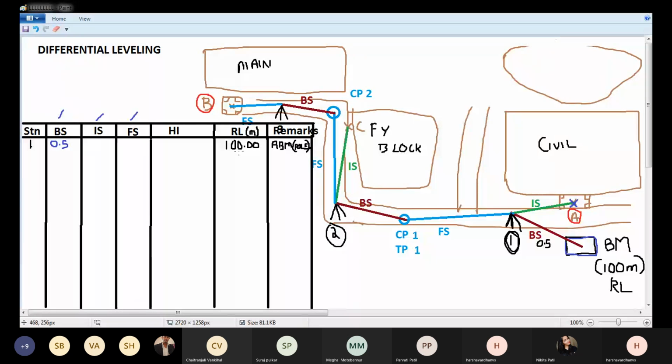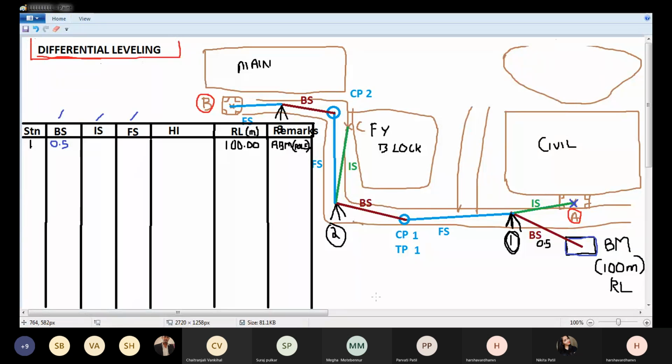And also there is no point in the center or in between from where you can sight both the points. That means I have to conduct differential leveling where I have to shift the instrument many times.